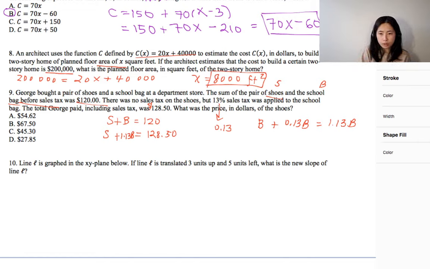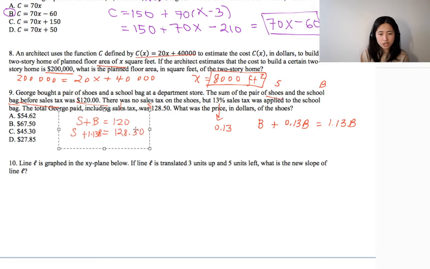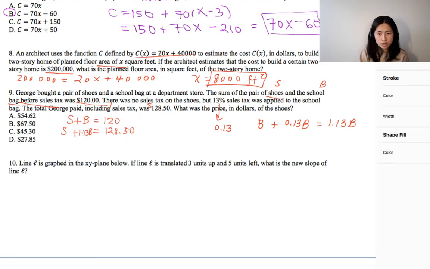Great. As you can see, because we can isolate S, we can actually apply substitution here. So this is a system of linear equations. Remember that concept. Basically, you can either apply elimination or you can apply substitution. I'll go ahead and just apply substitution.